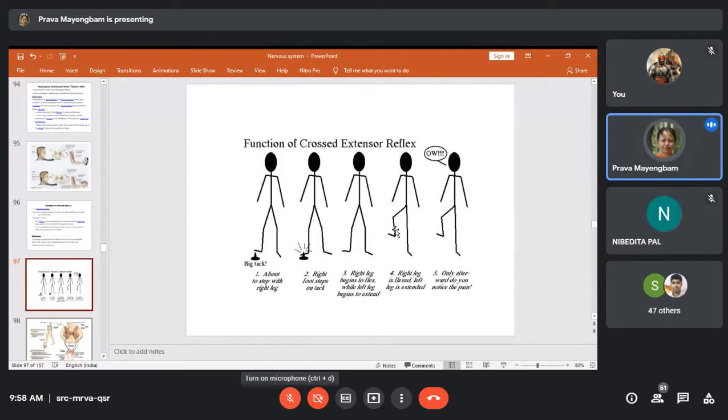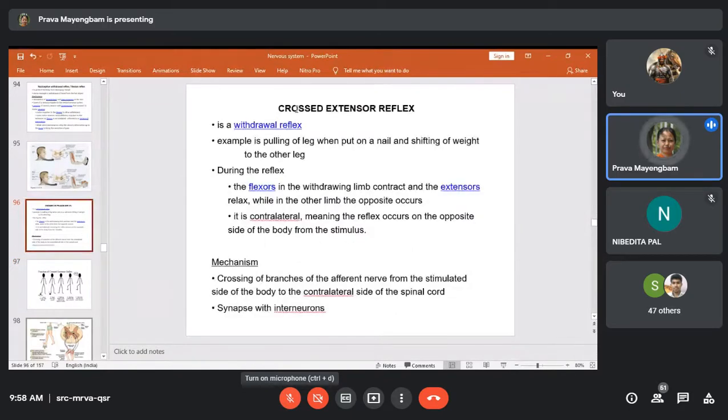During this, in the opposite leg, the extensor group of muscles are extended, meaning relaxed. So this is the function of the cross extensor reflex. On this side the flexor group of muscles are flexed, and on the opposite side other muscles are extended. That is the cross extensor reflex.